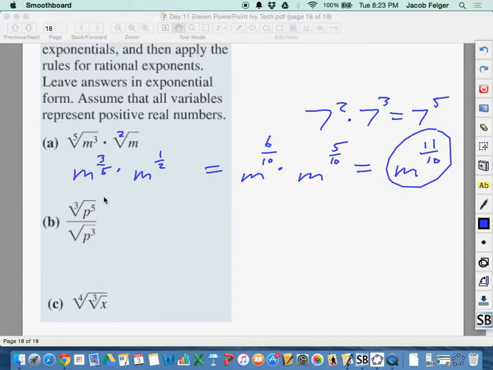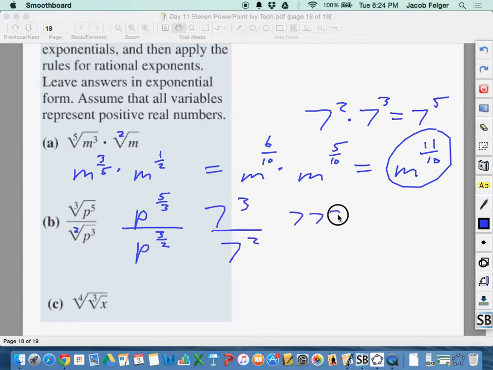Okay, how about this one? P to the, the crook goes in the denominator, 5/3. P to the, the crook goes in the denominator, 3/2, so the 2 is a ghosty here that we don't normally write. Okay, what do I do to the exponents?